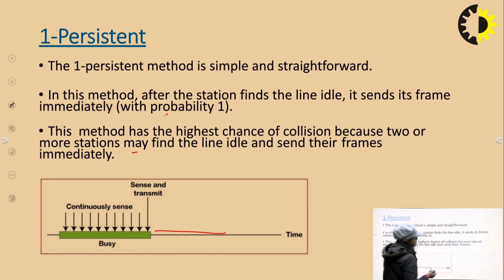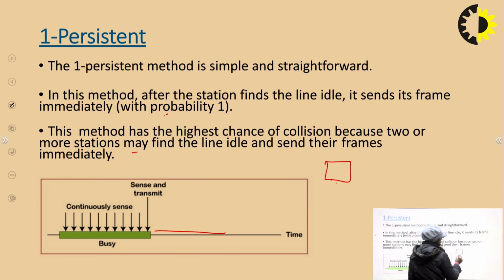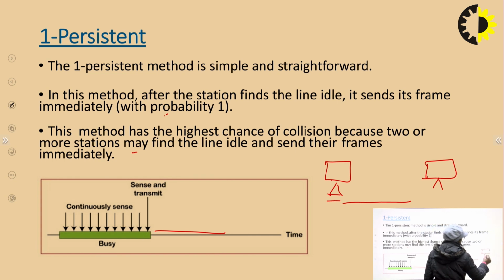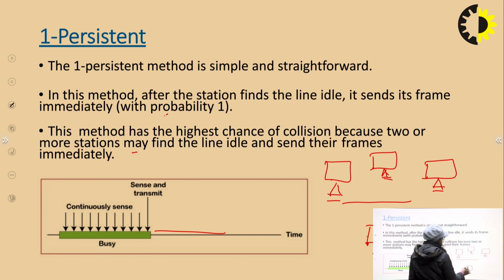Just suppose you have multiple devices, and if one device sends data on the shared medium, the rest of the devices continuously check the shared medium till they get a chance to transmit data.